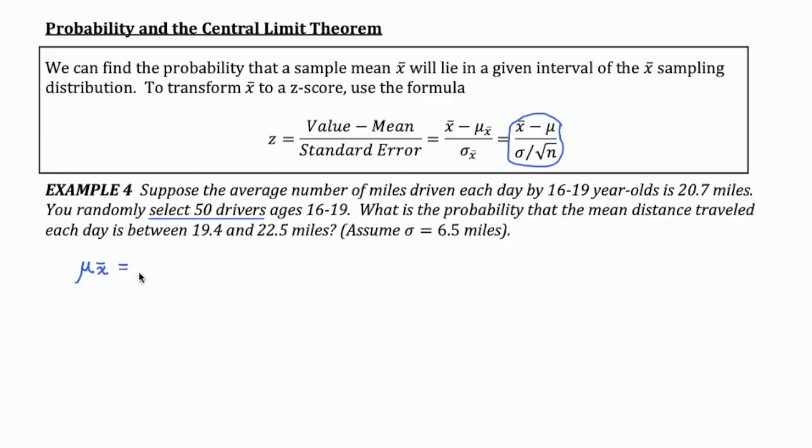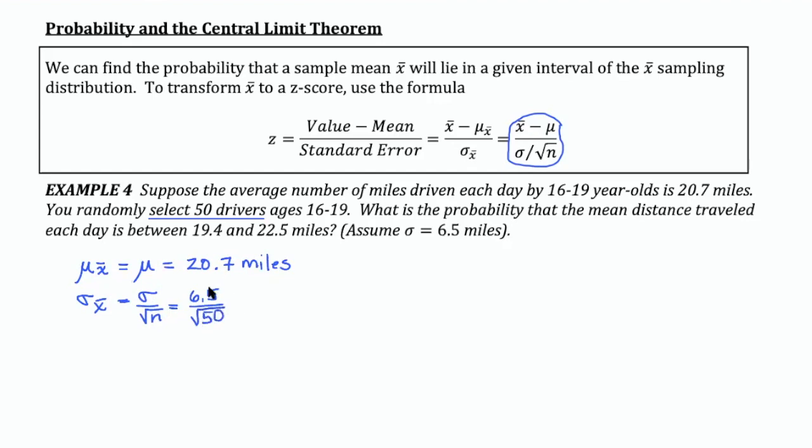So the mean is the same as the population mean, which was 20.7. And then the standard deviation of the sample means is the population standard deviation divided by the square root of the sample size, which gets us 6.5 over the square root of 50.